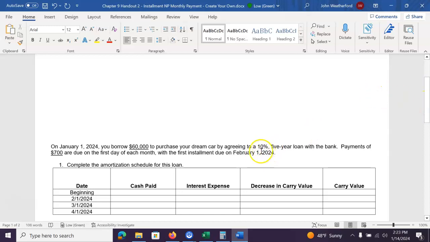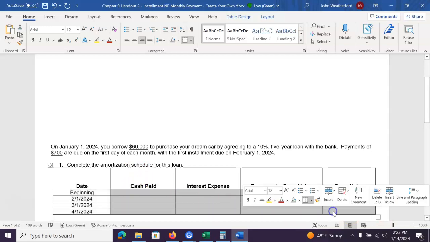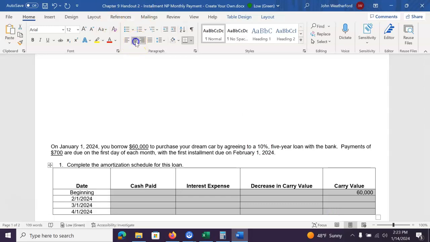So if you had a 10% rate, the original amount borrowed was $60,000. And again, the solution that you're given in Canvas won't look like this one. You can play with this all you'd like, and move the payment, purchase price and interest rate around. But we started out with a $60,000 loan.